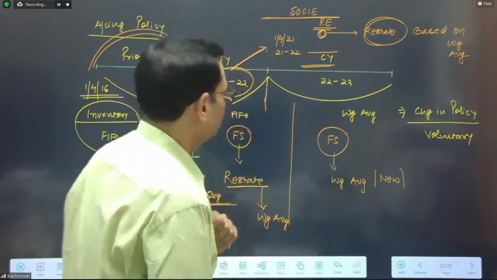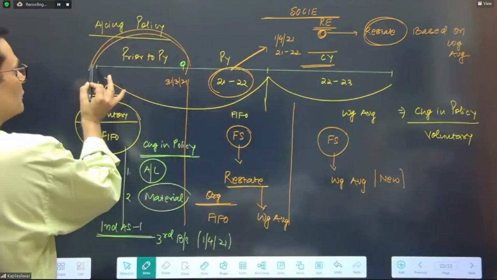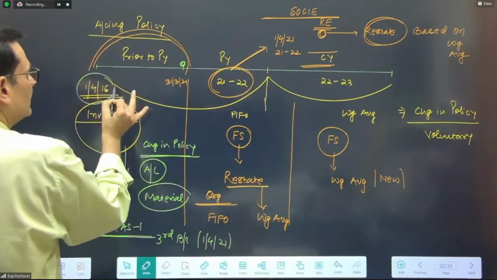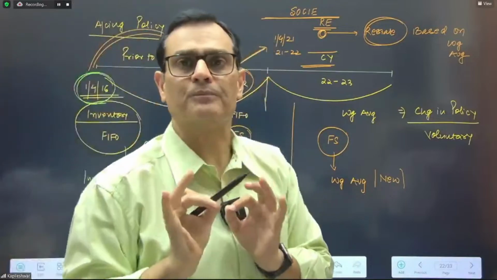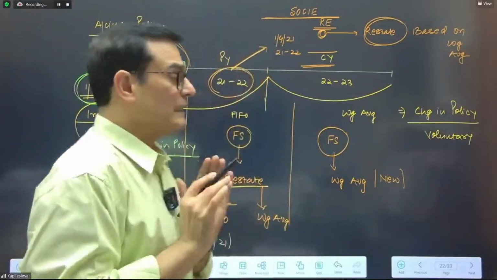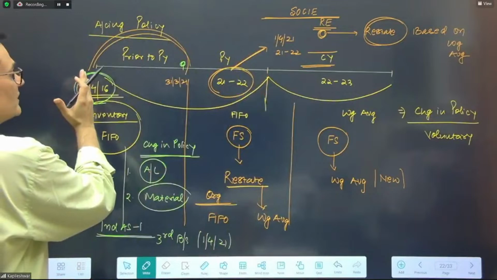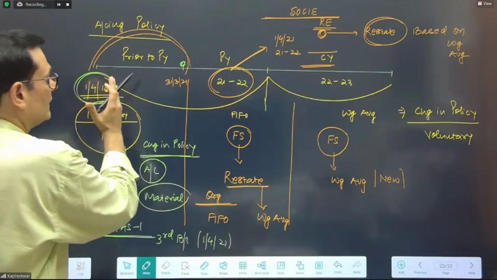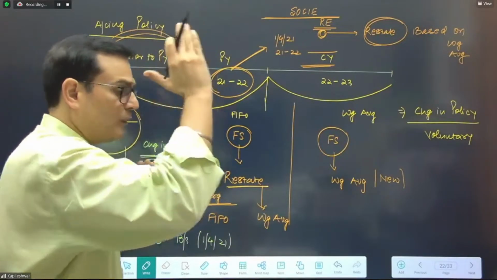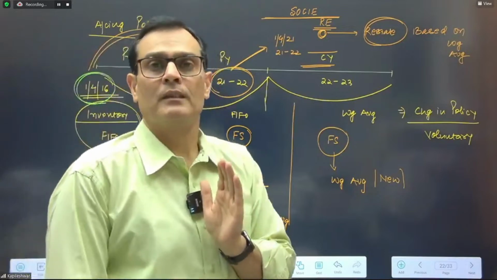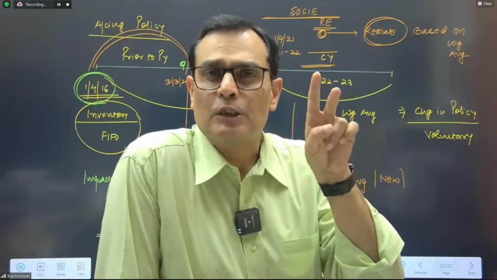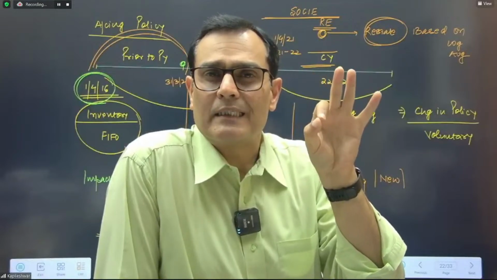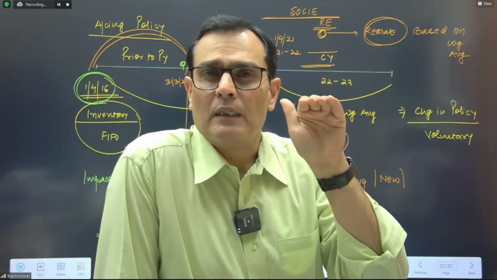So what will I do? I will ask myself a question: you started valuing the inventory on 1st April 16, for example, on FIFO. So the company calculated the profits of 16-17, 17-18, till 2021. Each of these profits from 2016 to 2021 is taken on first in, first out.